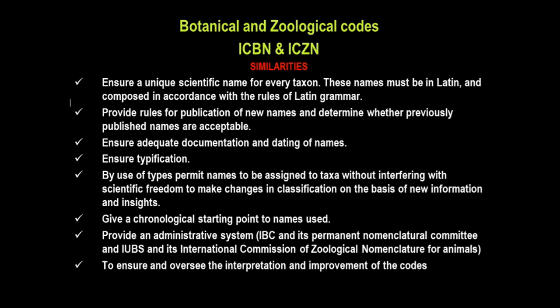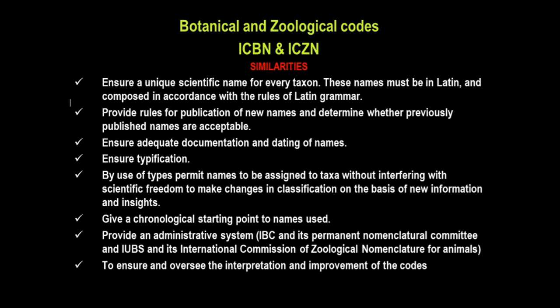They ensure adequate documentation and dating of names. ICBN and ICZN ensure typification. By the use of types, they permit names to be assigned to taxa without interfering with the scientific freedom to make changes in classifications on the basis of new information and insights.